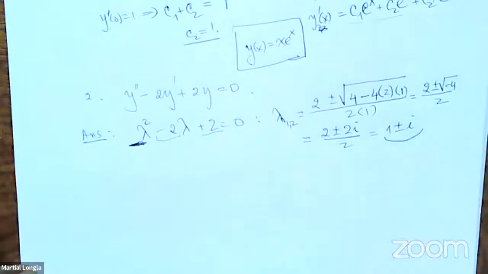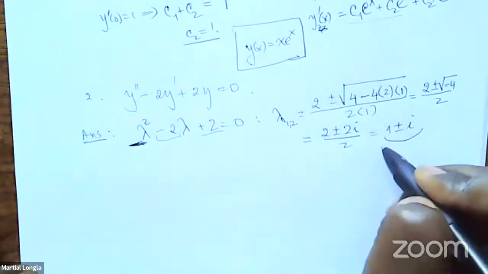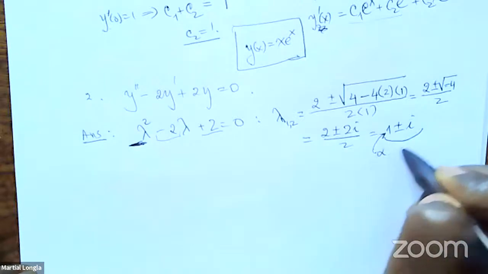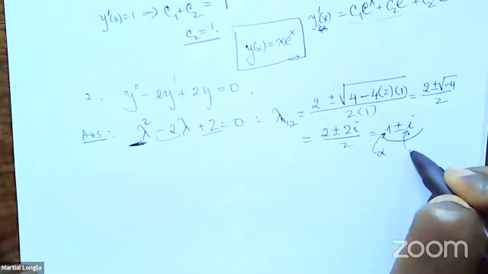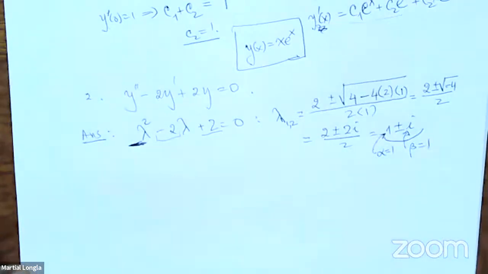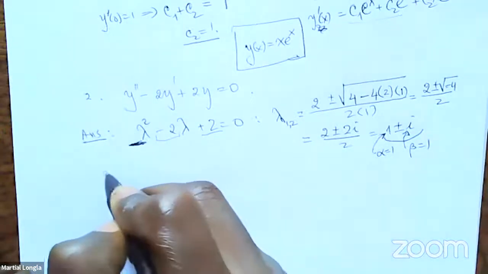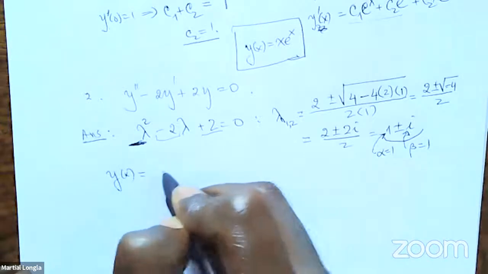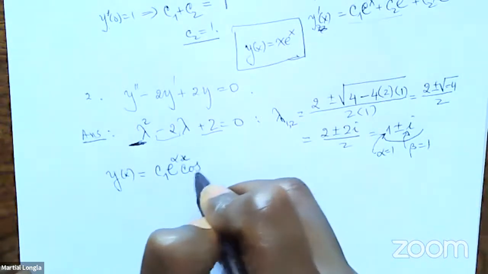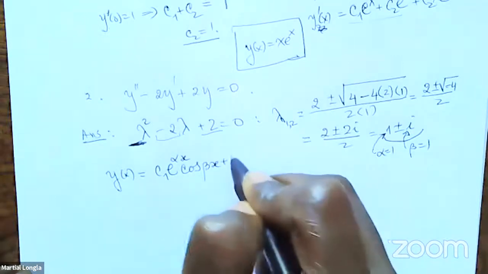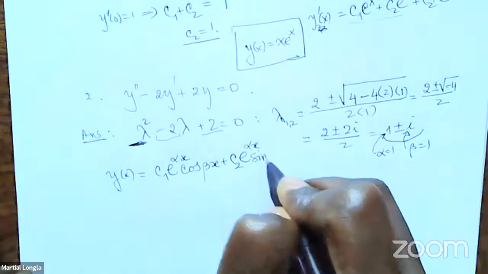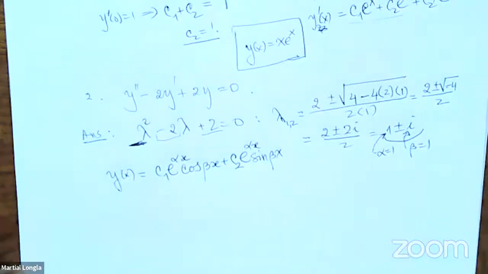So here you got complex conjugate roots. This number here is alpha, and the coefficient here, which is beta, is 1. And your answer is written as y of x equals c1 e to the alpha x cosine beta x plus c2 e to the alpha x sine of beta x.